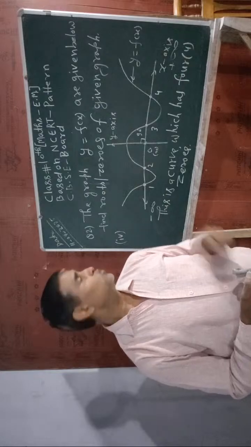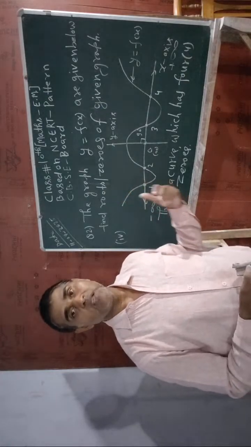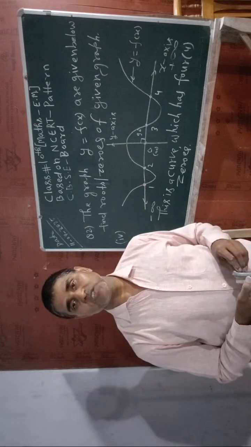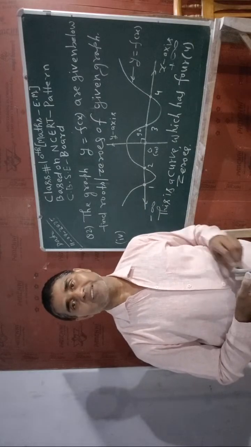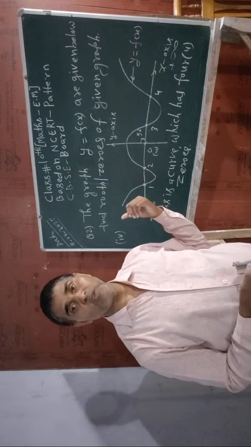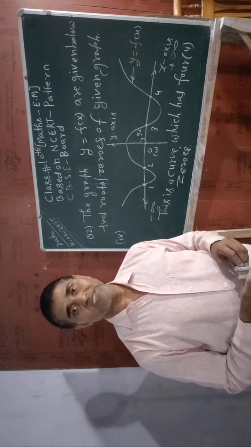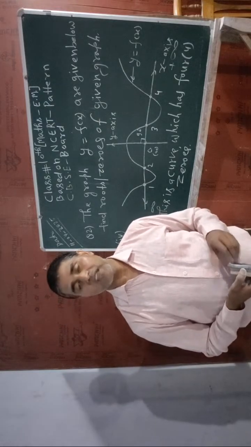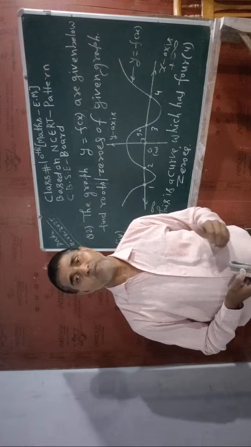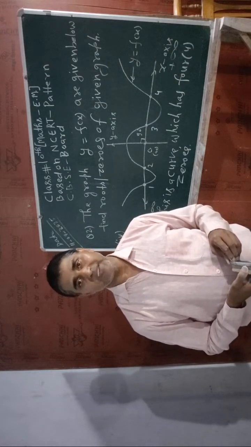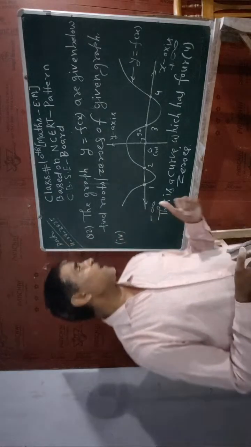First of all, we assume f of x is equal to 0. After putting f of x equal to 0, we get a quadratic equation. The quadratic polynomial changes into a quadratic equation, and I will use the factorization method, and after factorization I will get its two roots, alpha and beta.